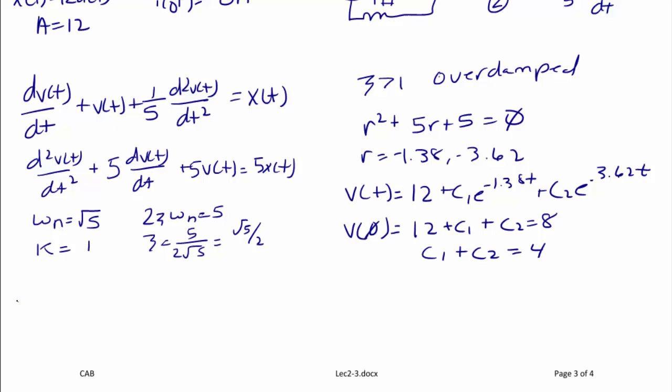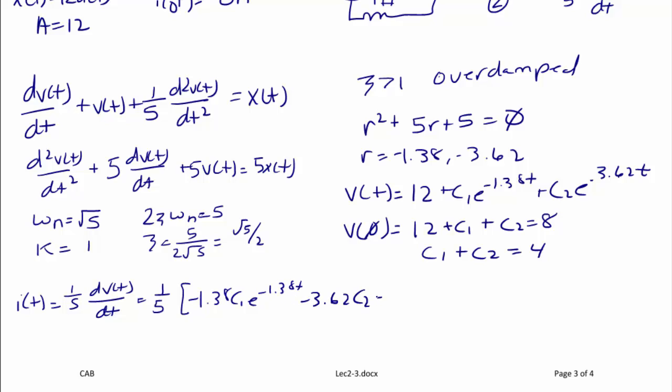So I of t, which is the current through the capacitor and the inductor, is 1/5 dV of t dt, which means that's 1/5 times the derivative of the voltage, or negative 1.38 C1 e to the negative 1.38 t, minus 3.62 C2 e to the negative 3.62 t. And then we evaluate that at t equals 0.